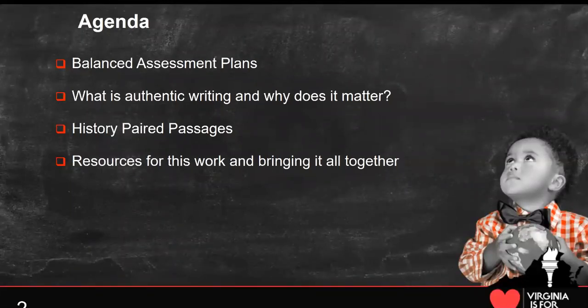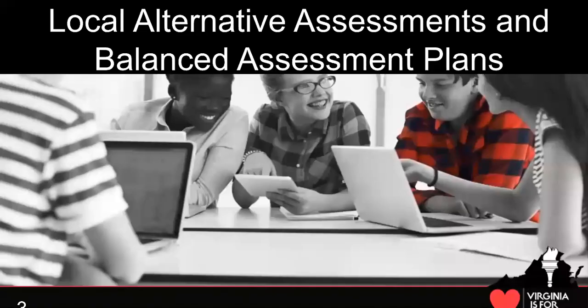And then finally, I'll be sharing some resources, all free, some of them provided by state agencies, to help drive this kind of work that you can share both in your classrooms if you're a teacher, or with your teachers throughout your division if you're joining us as a specialist or central office staff today.